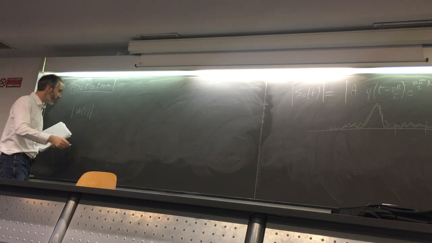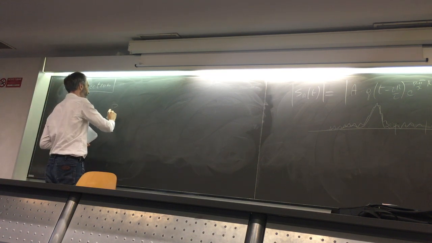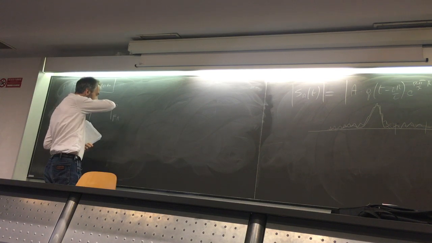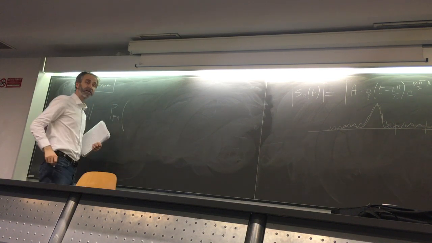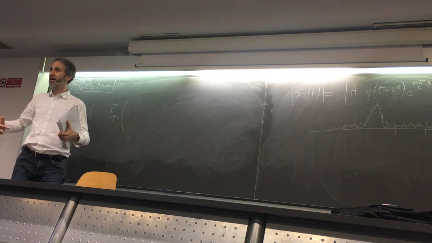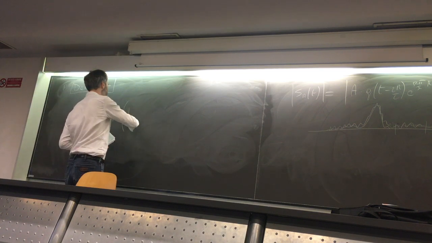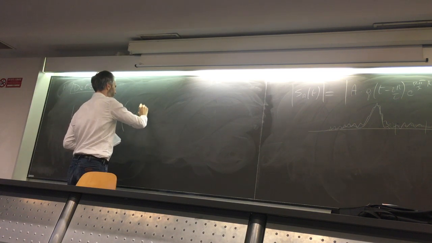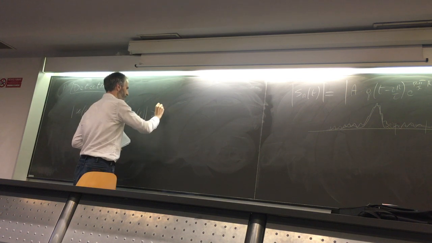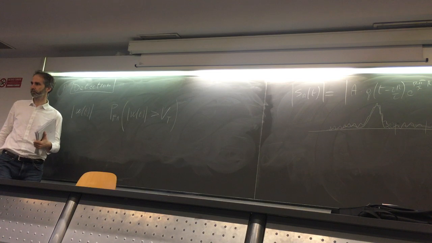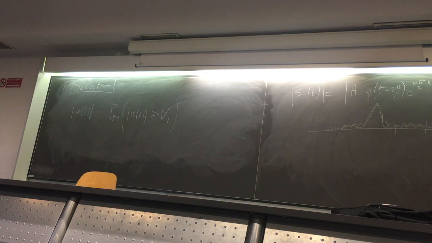And so your probability of false alarm is nothing else than the probability that the absolute value of noise exceeds your threshold. As simple as that.